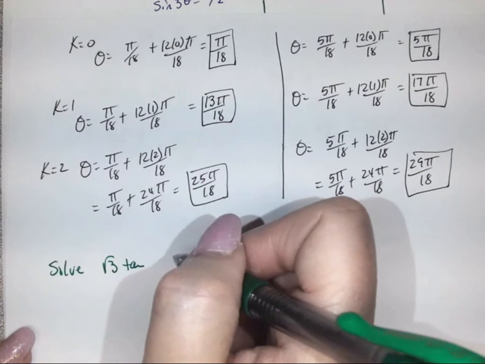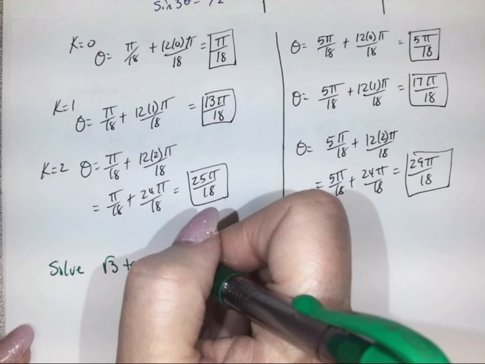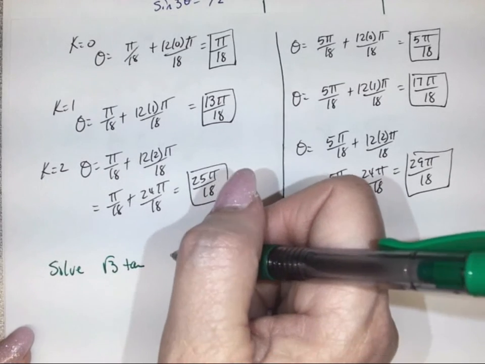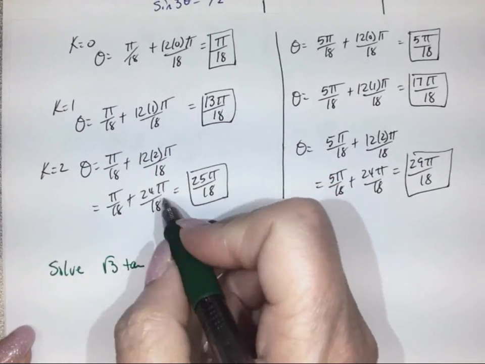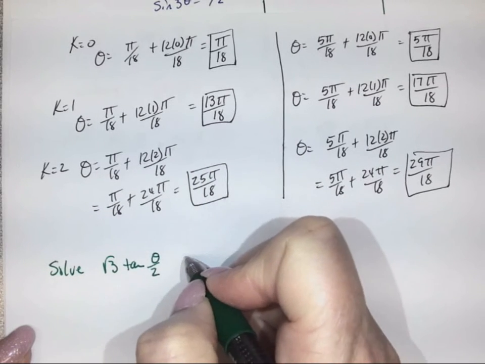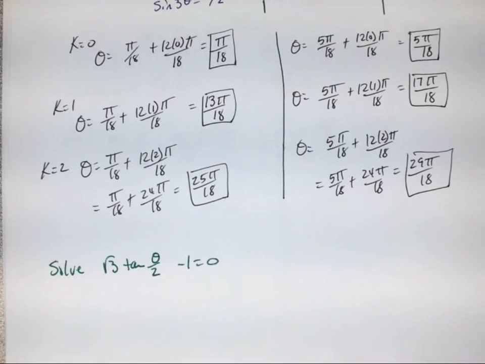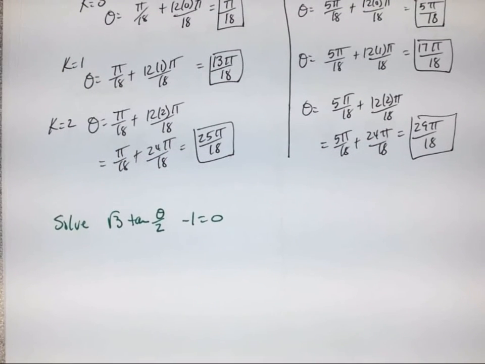Let me think about this for a second. Yeah, we'll go ahead and do this one. All right, so the square root of 3 plus tangent of theta divided by 2.